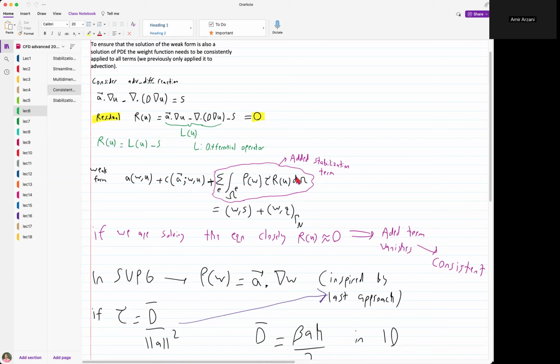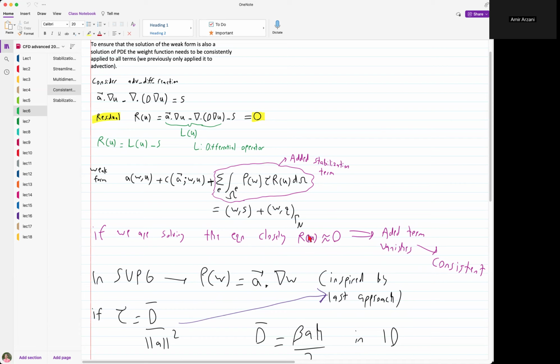I'm going to make sure that this stabilization, this added integral equation, scales with the residual of my PDE. Okay? And that's R of U. And why am I doing that? Because if I make this scale with the residual of the PDE, I can be sure that if I'm doing a good job of satisfying the PDE, so if R(U) is almost equal to 0, as I'm, for example, refining my mesh, doing a better job approximating my PDE, the effect of the added stabilization vanishes.